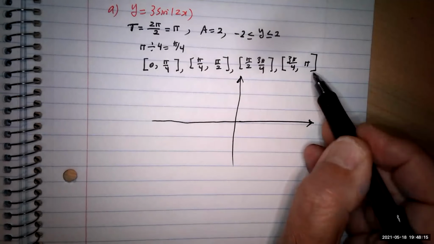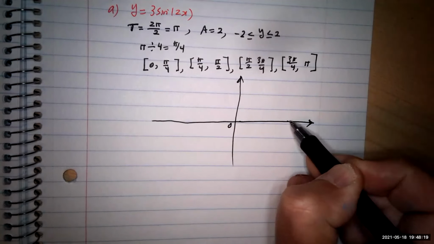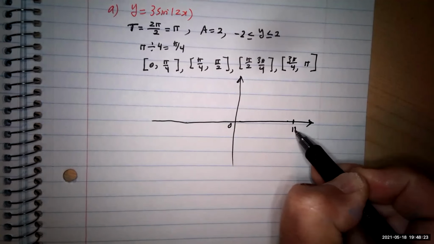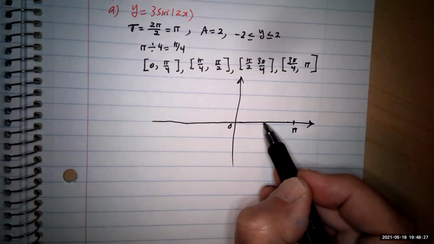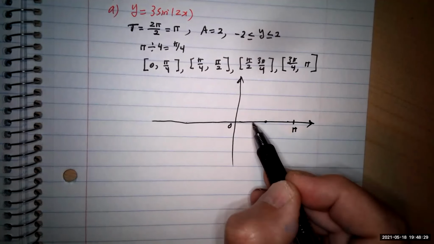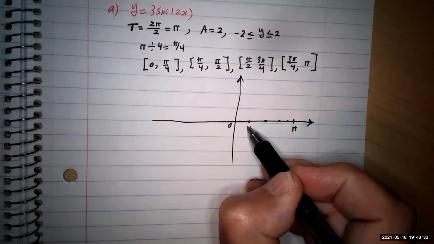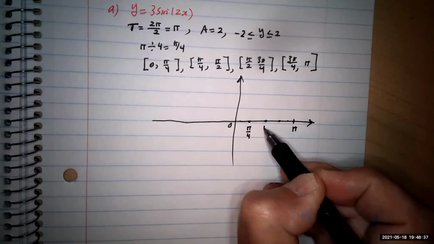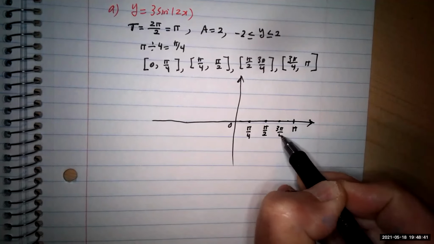You go between 0 and pi, so it's going to be 0, and suppose I go with the positive and negative, I pick this one to be pi. You divide it by 4 to get those four parts, and you have to locate these critical numbers: pi over 2, and 3 pi over 4.